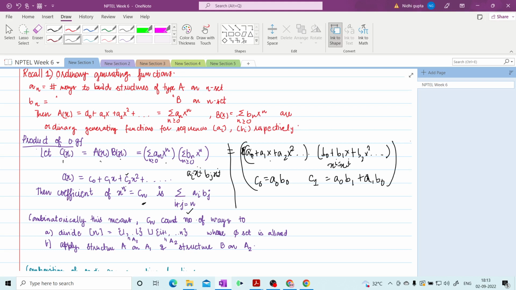So c_n is obtained by summing a_i b_j over i plus j equal to n.